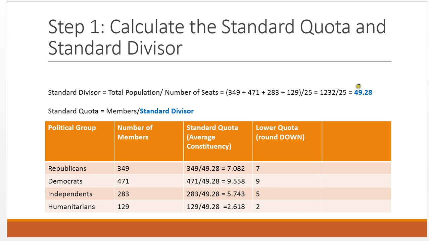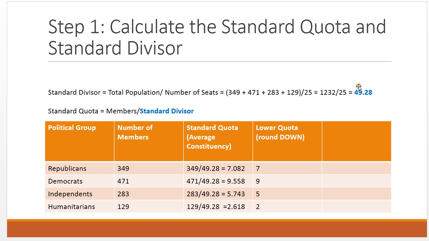So this is the number that we're going to use to divide each of these individual groups by to get the basic number of seats that they automatically earn, and then also to look at the decimal leftovers to decide what to do with any surplus.